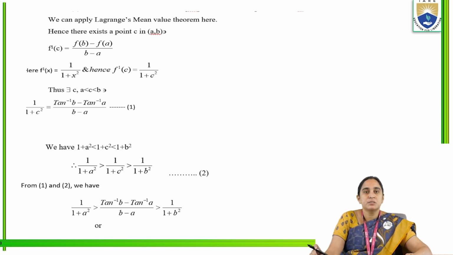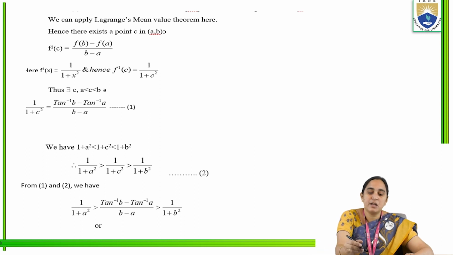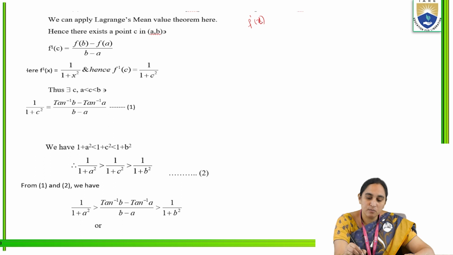If the two conditions are satisfied, from the Lagrange's mean value theorem, f dash of c is equal to f of b minus f of a by b minus a. Here, what is the given function f of x? What we are assuming is tan inverse x.